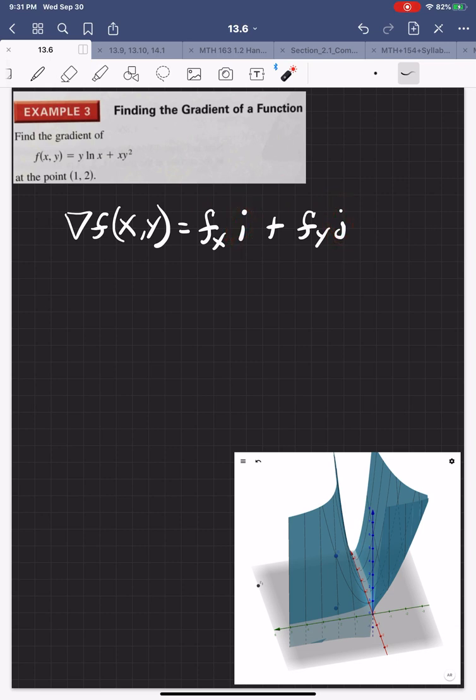So on the next page, I'm going to try to summarize some of these various notations that we've been using, because it's very easy to get them mixed up. But ready? Obviously, we need our partials. So we will begin there.